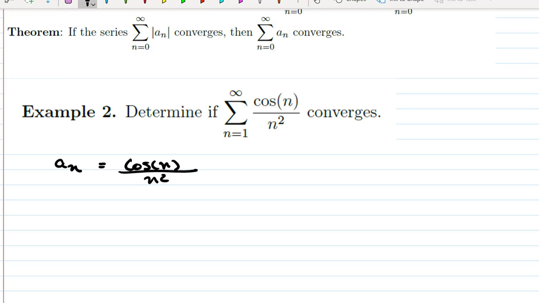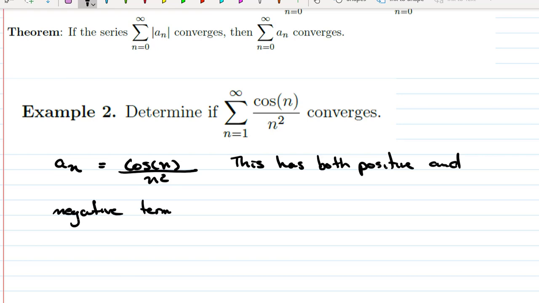This series has both positive and negative terms, but does not alternate.